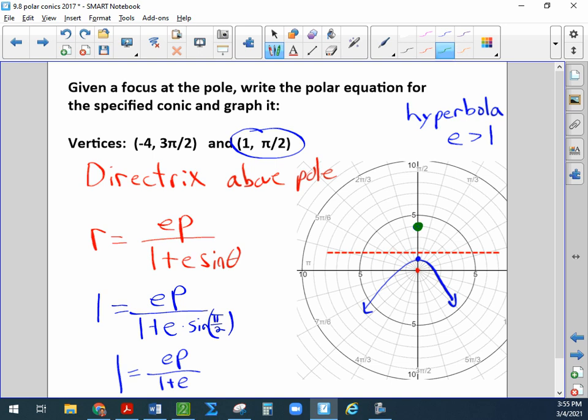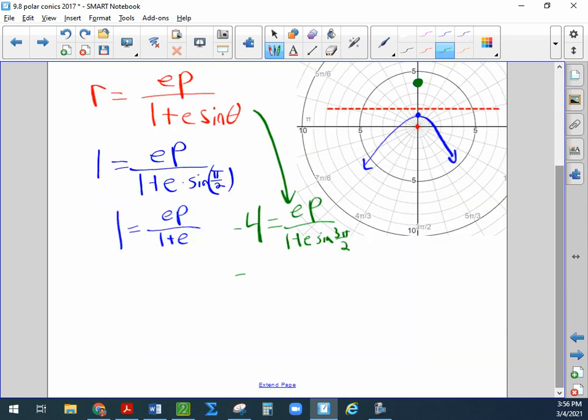Actually, it's not 1 equals, it's negative 4 equals. So negative 4 equals ep over 1 plus e sine 3 pi over 2, and so negative 4 equals ep over 1 minus e.